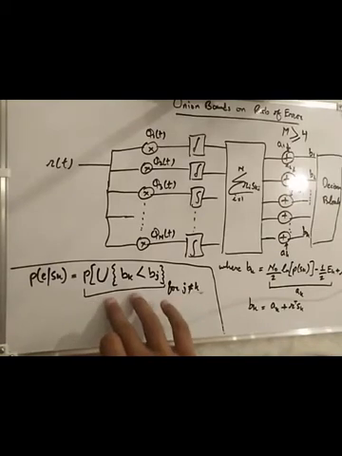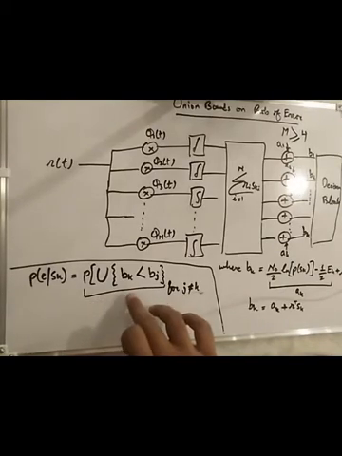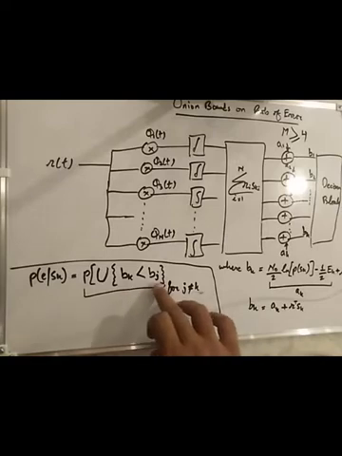That is the union of all such events when you took a decision in favor of the jth signal class.